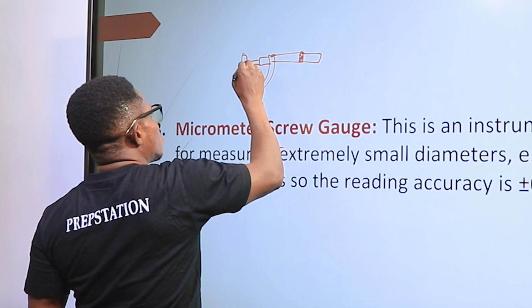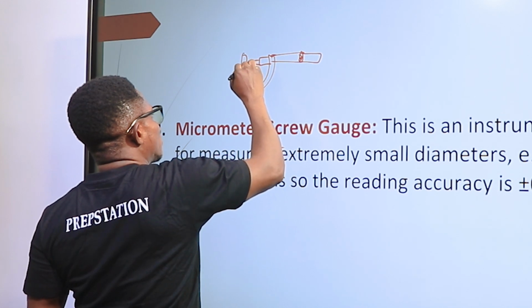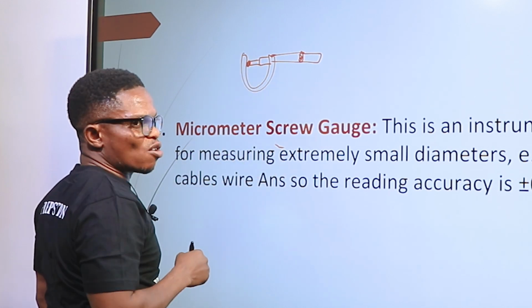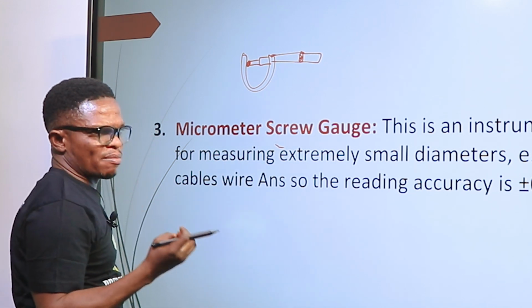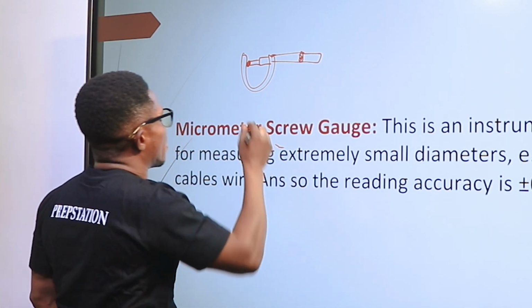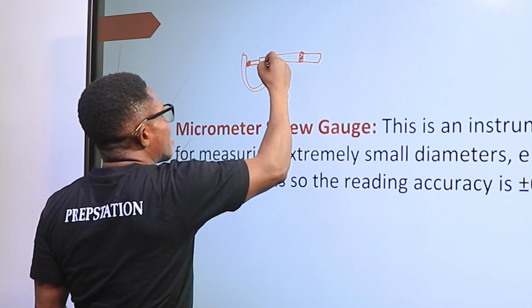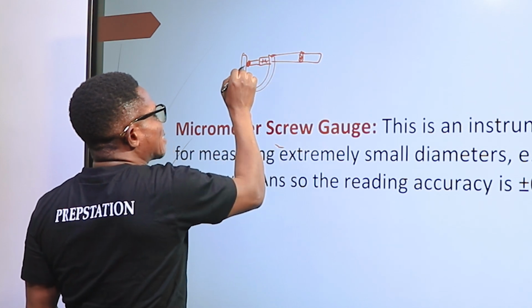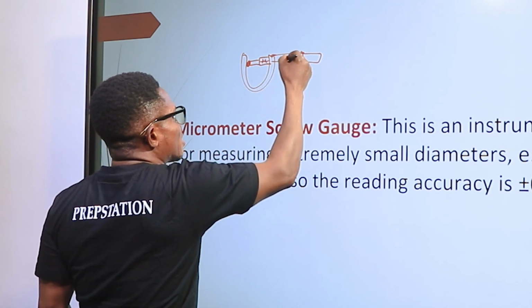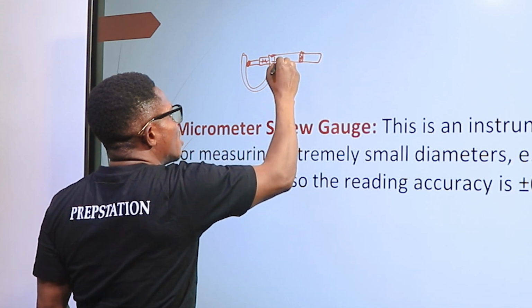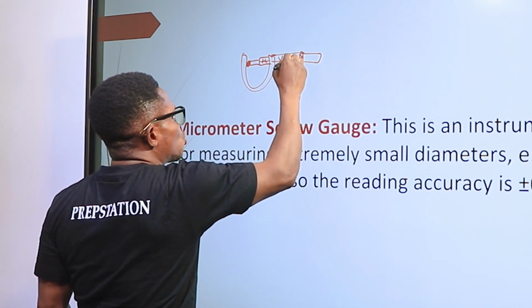The object you want to measure is sometimes the diameter of smaller objects like ball bearings. It has a scale here called the M scale, the main scale, and on this cylindrical handle, it has the V scale.